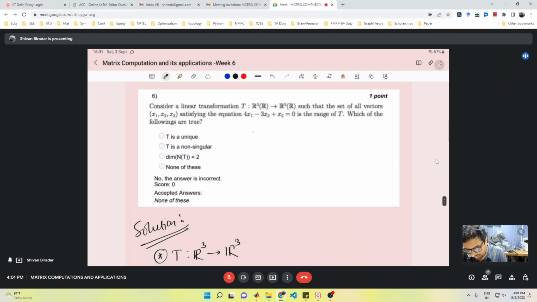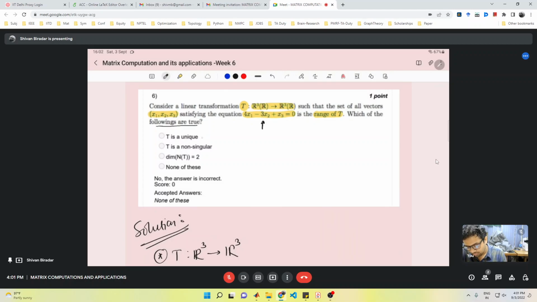Now let us consider a transformation T from R3 to R3 such that the set of all vectors x1, x2, x3 satisfying this equation is the range of T. Corresponding to this, which one of the following is true?